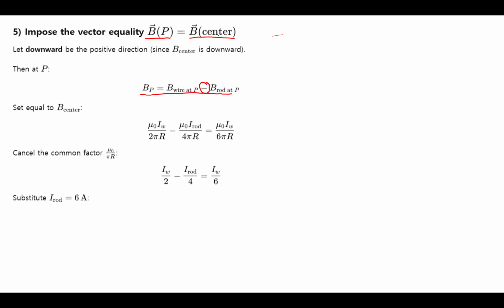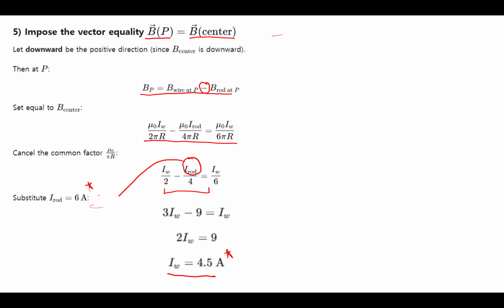And then we know the magnetic field at the center of the rod, and then we have these equations. If you factor out all the common factors, we get this one. We substitute the rod current of 6 amperes, okay? And then the wire current can be found from these equations. I_W is unknown, and then you can find it.